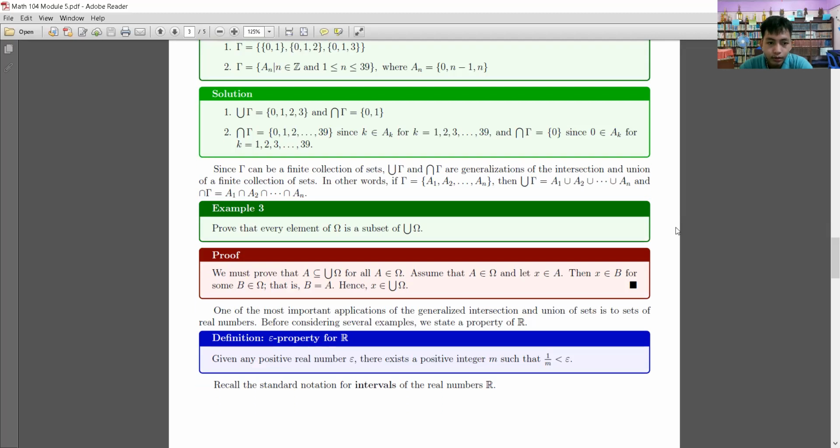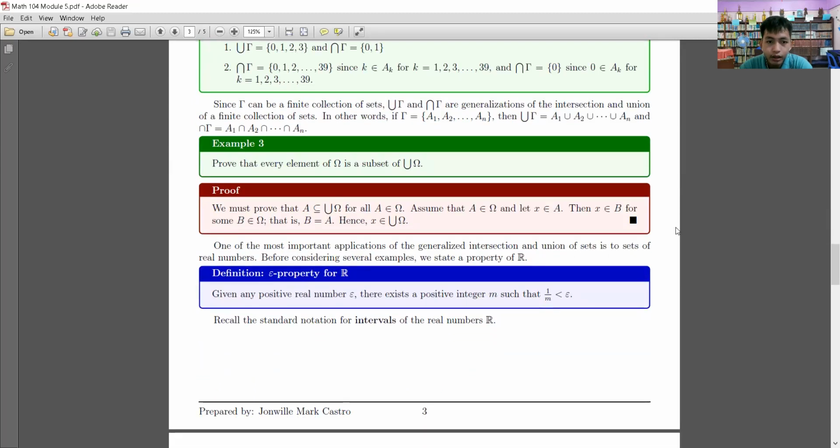And so example 3, prove that every element of omega is a subset of the generalized union of omega. Okay. So, para ma-prove natin na yung every element is a subset of generalized union, gagamit tayo ng pick a point method. Okay?